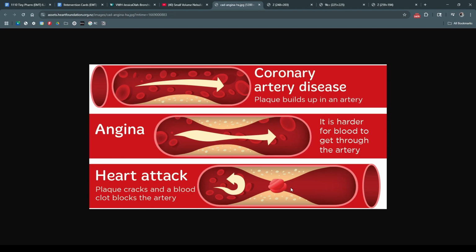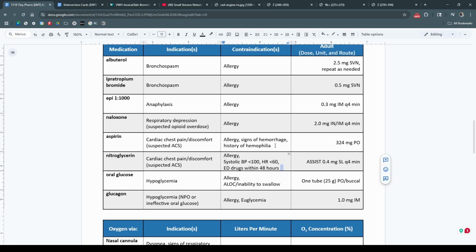Perhaps even in the case of a heart attack, causing vasodilation might help blood flow through or pass where it otherwise couldn't. Now, the issue with this is that if your blood pressure is low or below 100 and you cause widening vessels, that's going to lower blood pressure further. And a blood pressure too low means the heart won't perfuse and the patient will die.